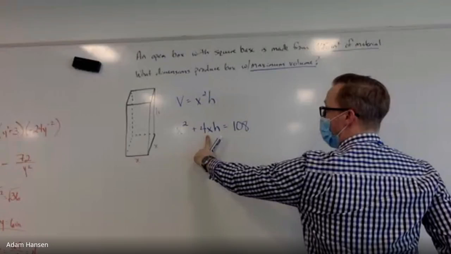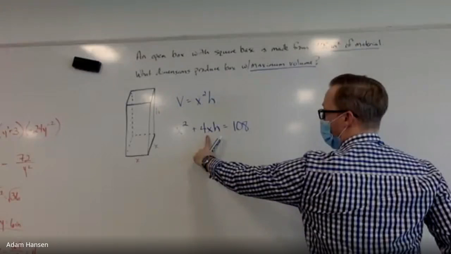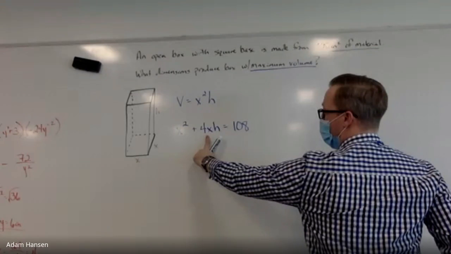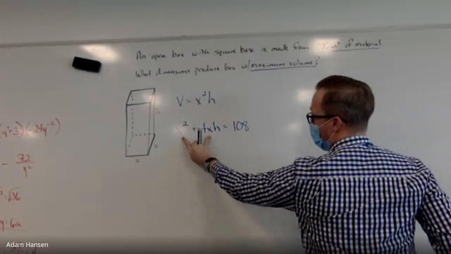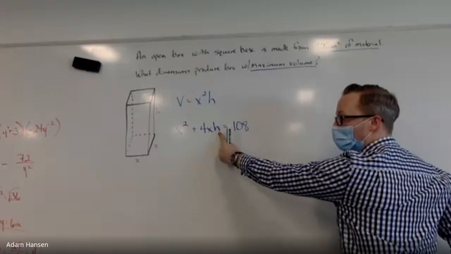Would it be easier to solve this equation for either x or h? What made you say that, Caitlin? I agree. Because you're only working with one variable. Why solve for a variable when there's two variables that I have to work with, when I can solve for a variable that has just one variable I have to work with?